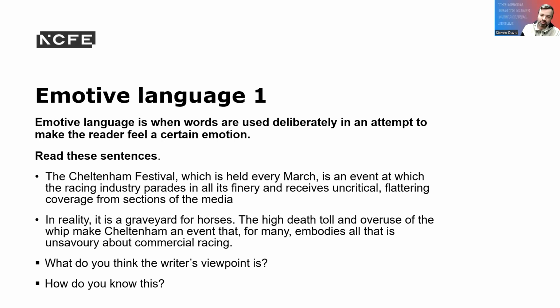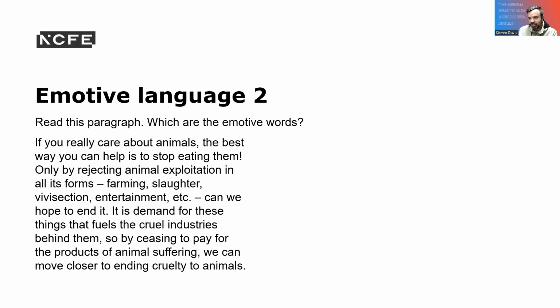How do you know this? That's kind of the way they've written it, and it's very clear afterwards. It says the high death toll and the overuse of the whip, so it doesn't leave any room for your imagination to not think about it.